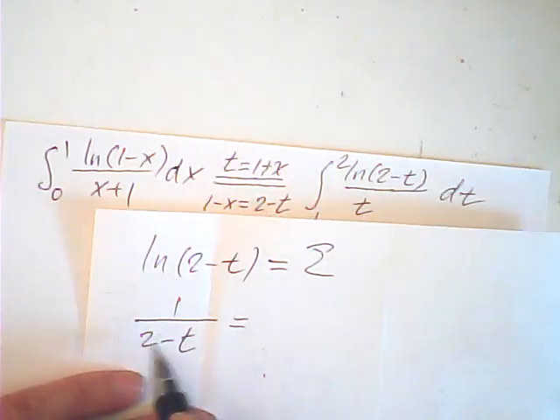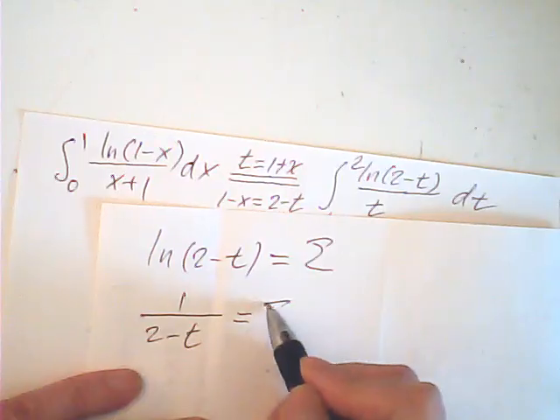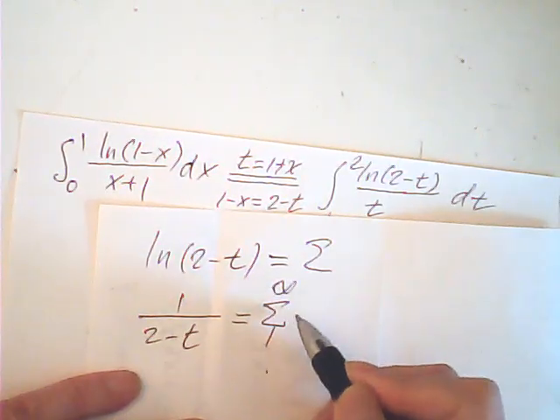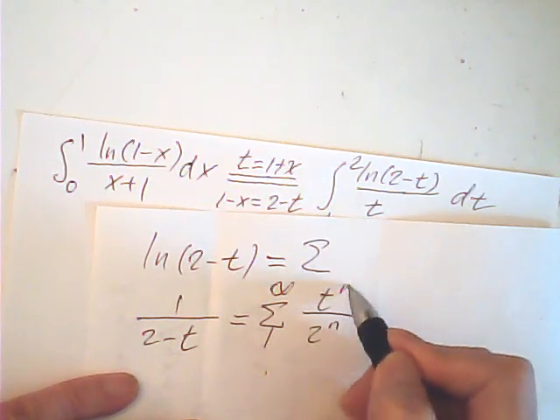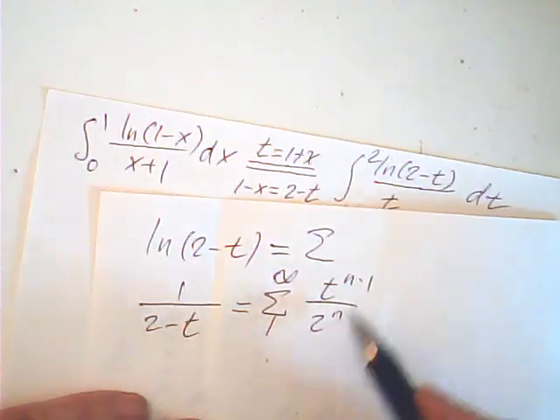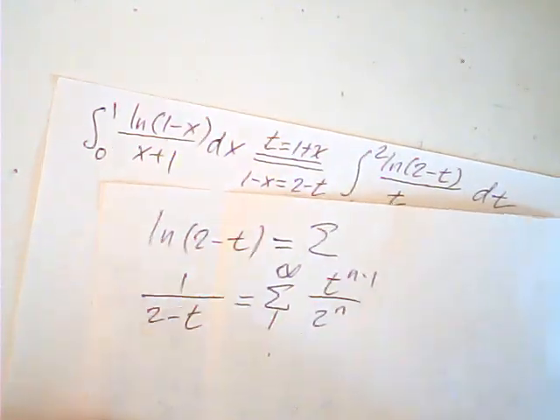This one could easily be just 1 divided by 2 minus t. You get the series sigma t^n over 2^(n+1). Very easy, just divide this one by that. You get this.